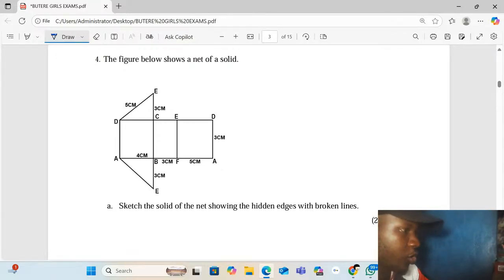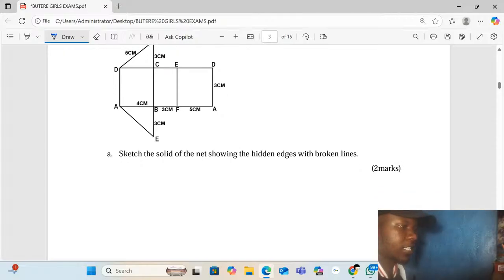So you are supposed to show the net of this given solid, showing the hidden edges with a broken line.